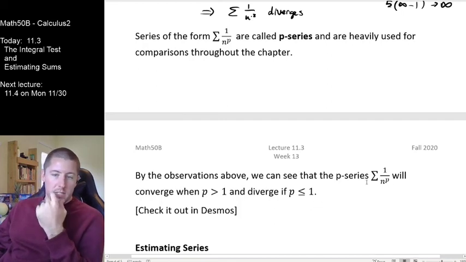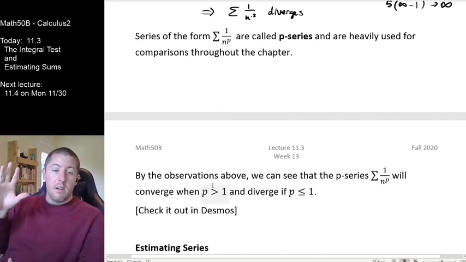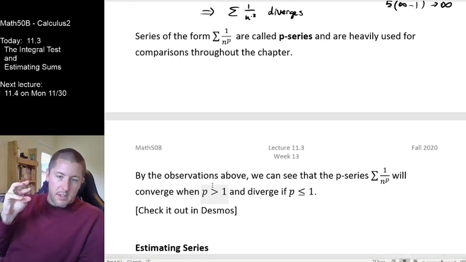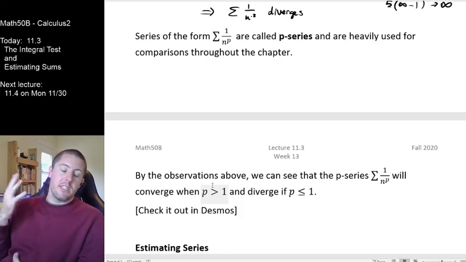Based on these observations, this is what we're saying: the p-series, the series of 1 over n to the p, will converge if p is bigger than 1, meaning we're making the values slightly smaller than the harmonic series, and it will diverge if p is less than or equal to 1.